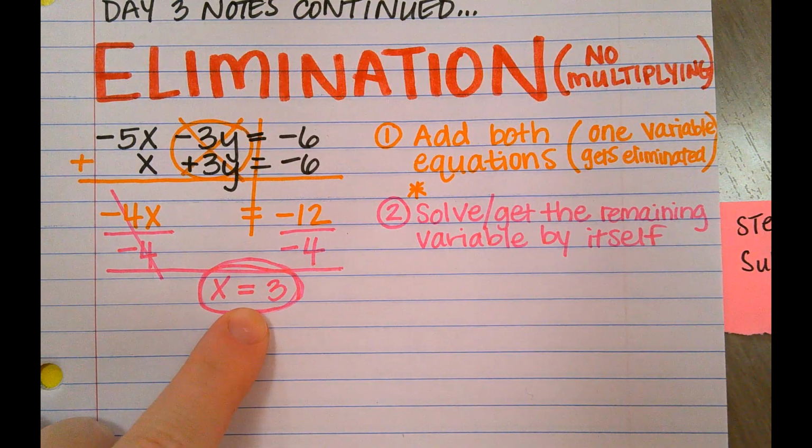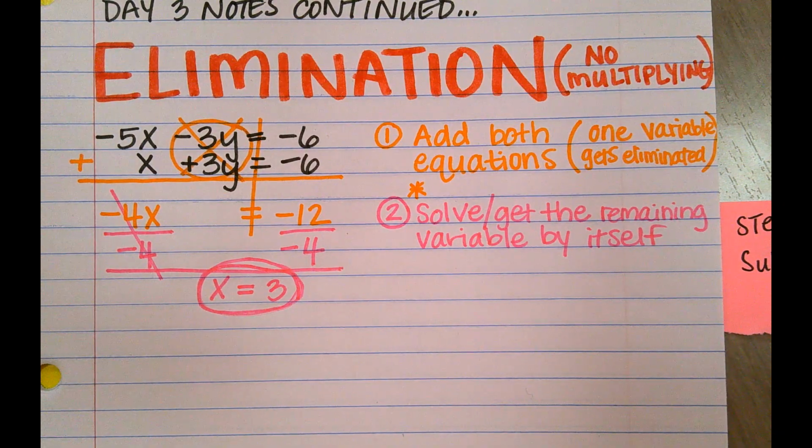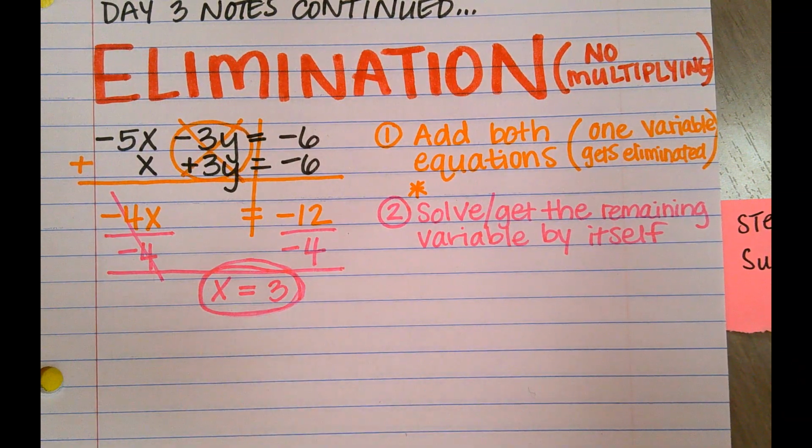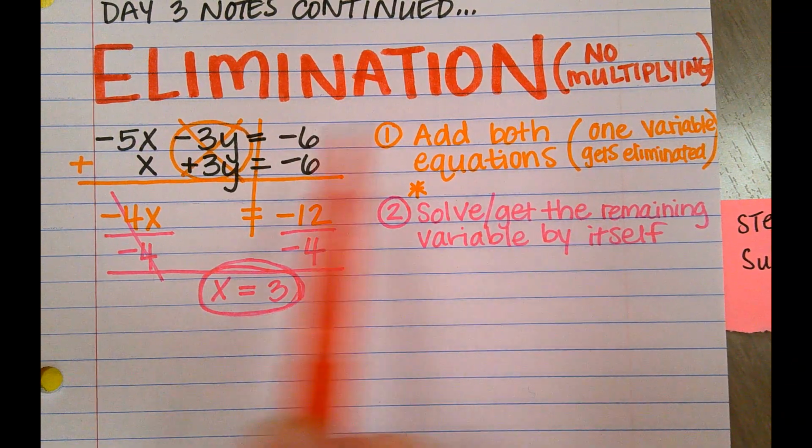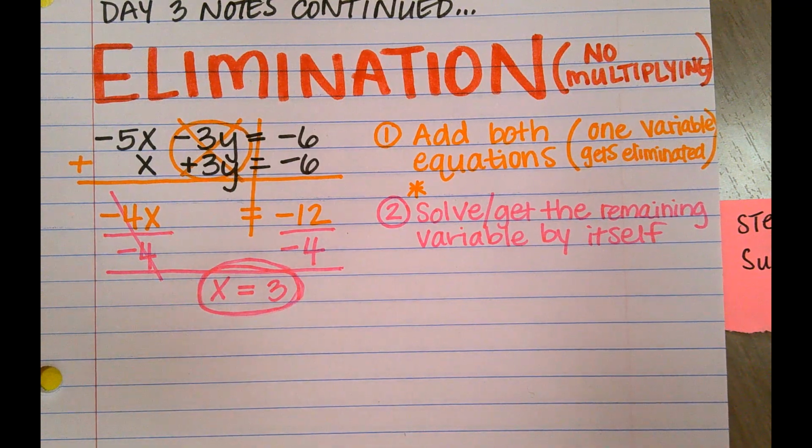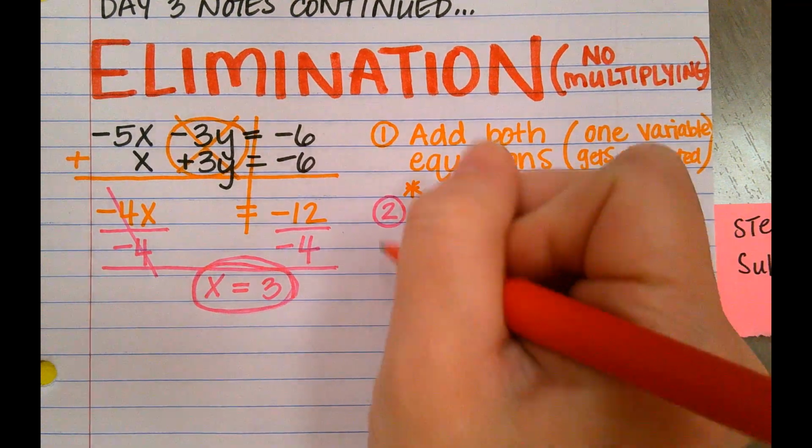Once you have solved for one variable, step 3 is going to be to take that number that we just found and plug it into either equation. It does not matter which one. So let's write that.